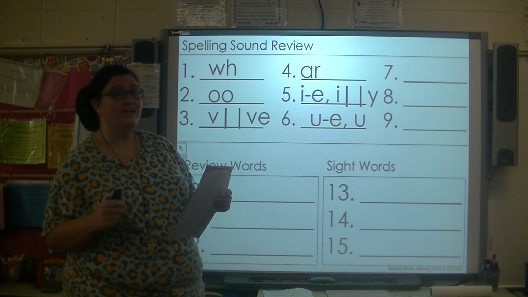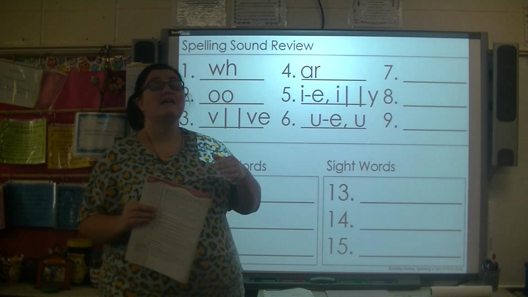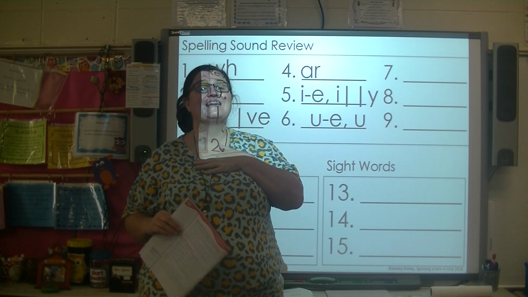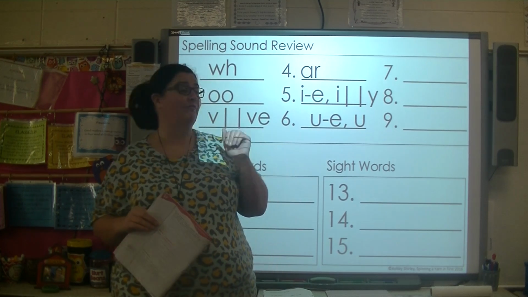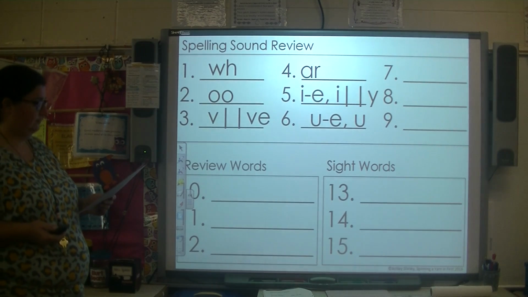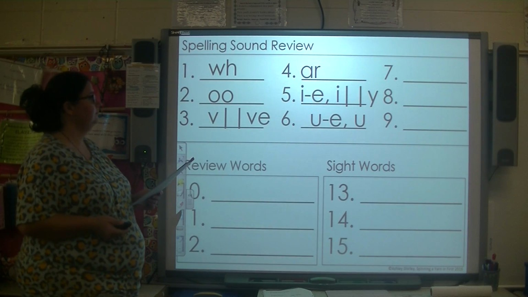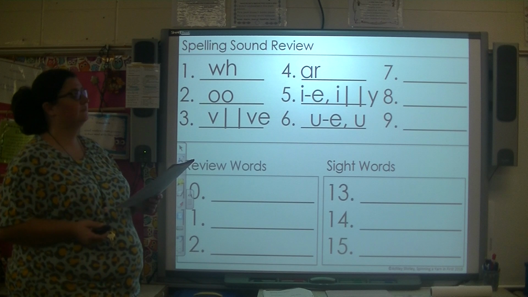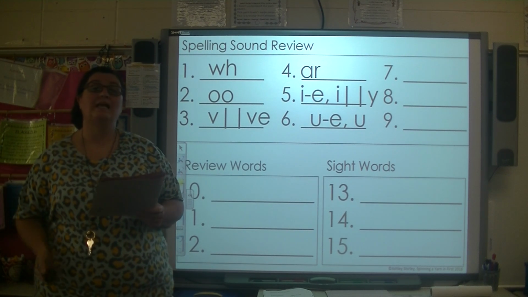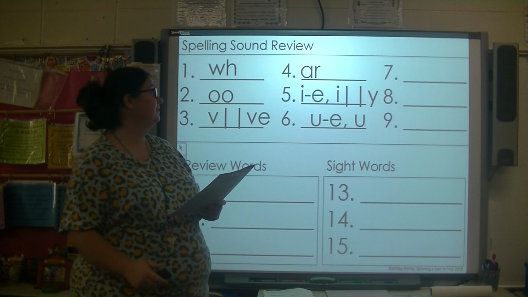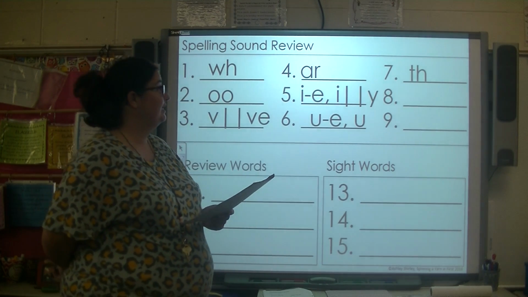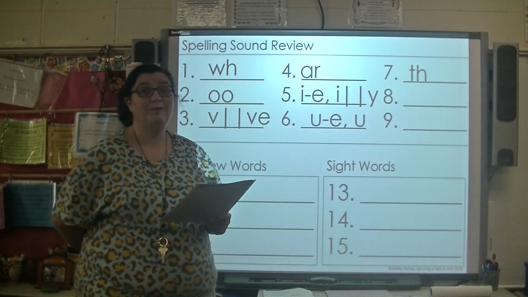Number 7, digraph. Yes. Write it. What letters? Digraph TH. Number 8, this is our big one.